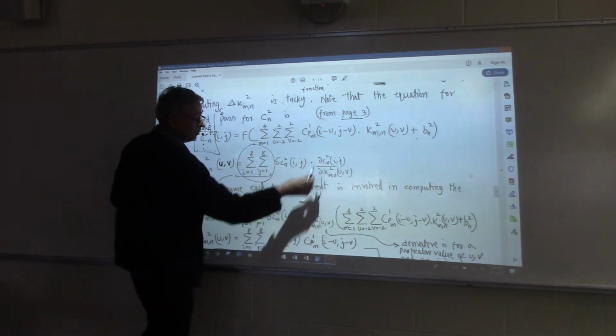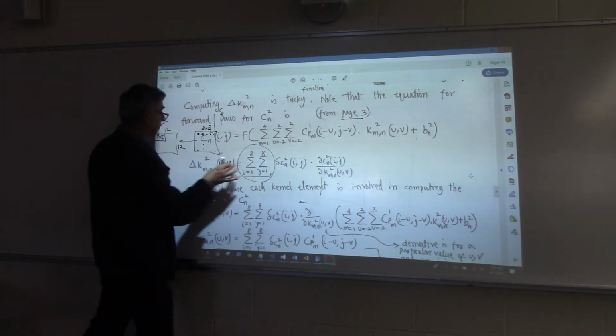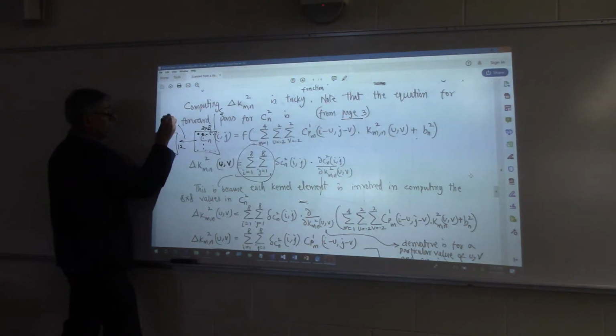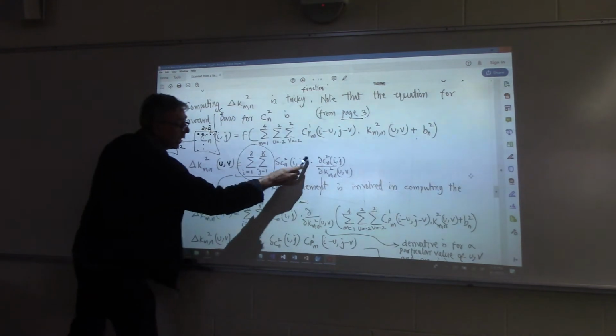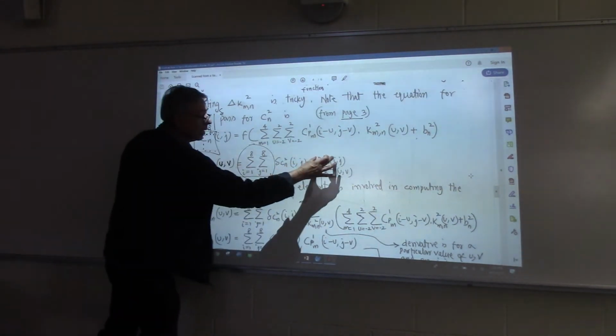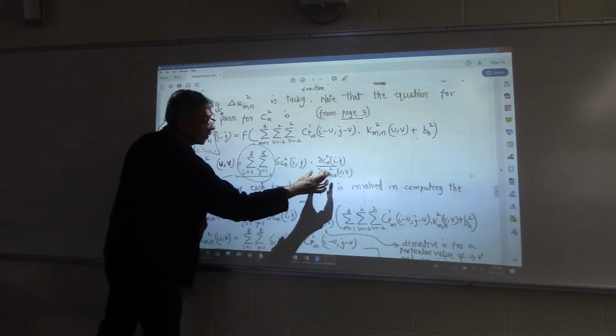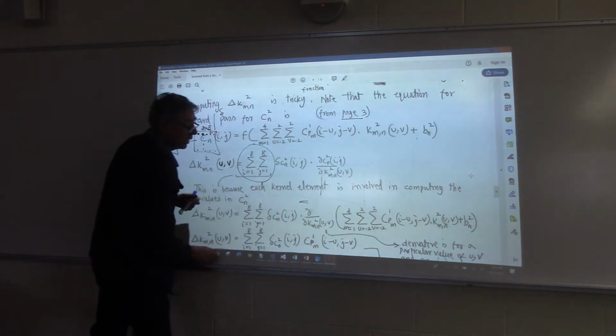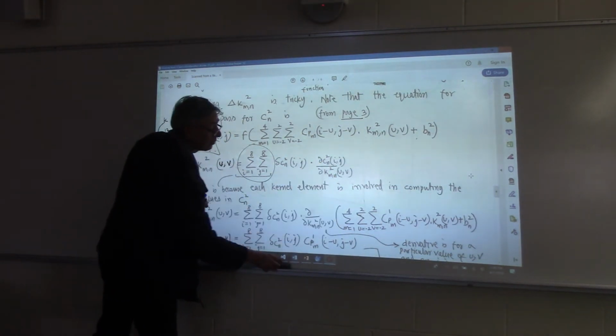First I wrote it as a partial with respect to the kernel, because that is what we are trying to compute. An easy way to compute the partial is to feed in the value of Cn of 2.